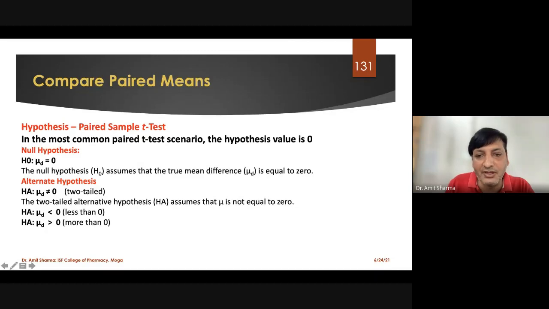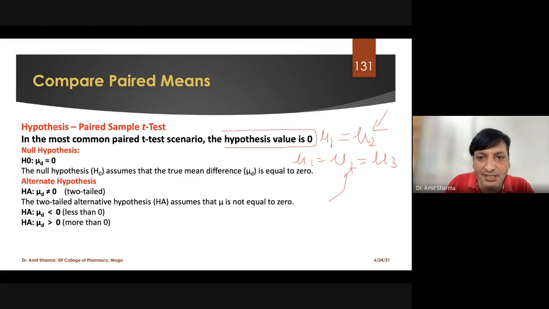We have two different samples, mu1 and mu2, was the condition for the independent sample t-test, and mu1 equal to mu2 equal to mu3 was the condition for the null hypothesis for one-way ANOVA. But in the case of the paired sample t-test, the hypothesis value will be considered as 0.